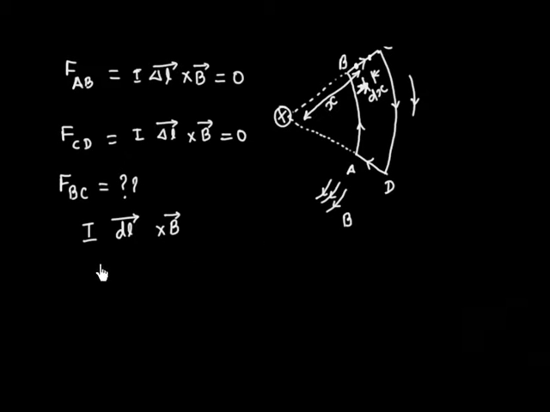So I can say force is equal to I delta L cross B, where delta L is dx, and B and dx are perpendicular. This is the direction of B, that is radially, and this is tangentially. Basically if you see a circle, this is tangential. So delta L is perpendicular to B. So I into delta L into B. And what is the value of B?